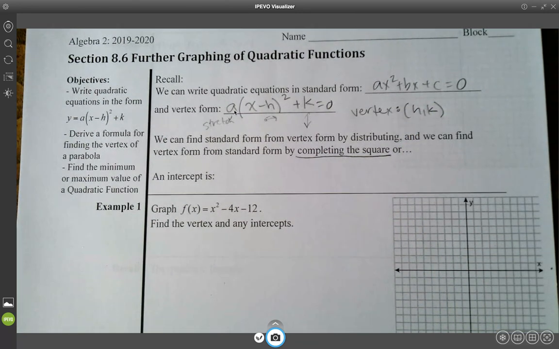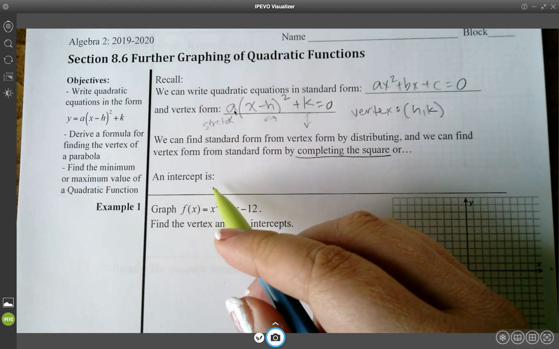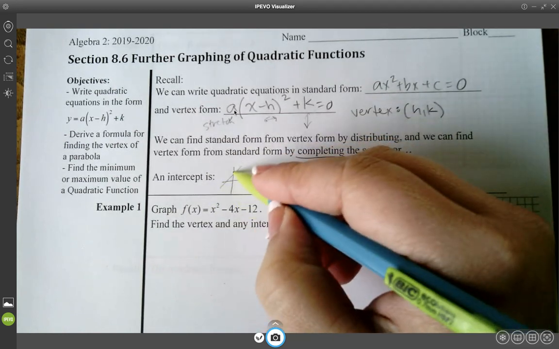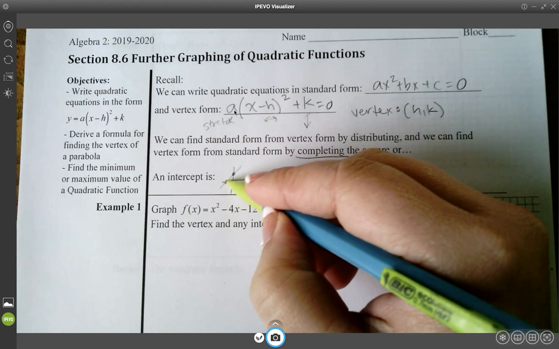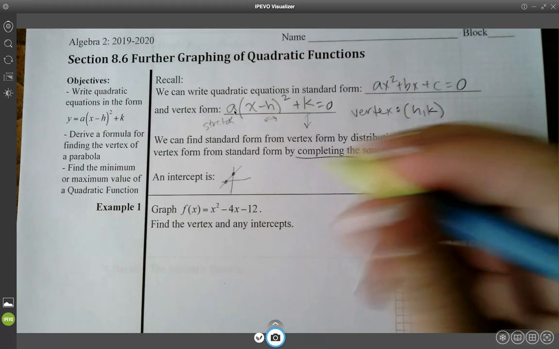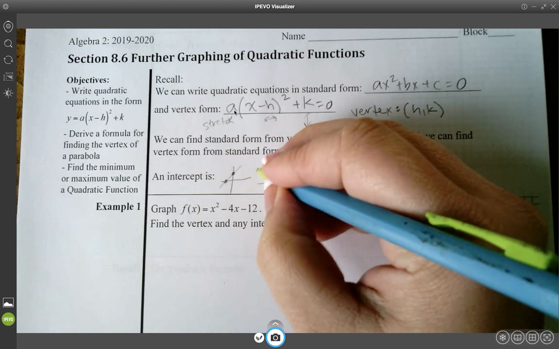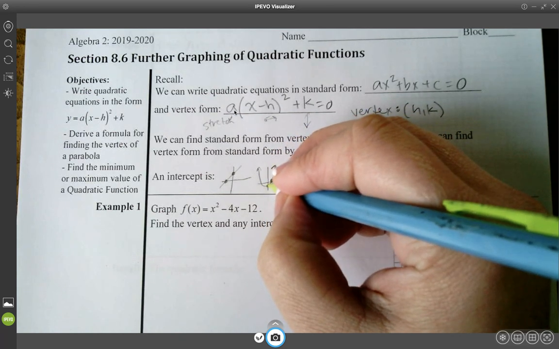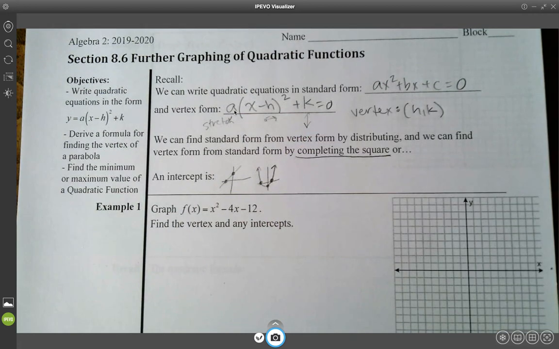Okay. We also want to recall an intercept. So an intercept, when we're graphing, is where something crosses the x or the y axis. So whether it's a line or a parabola, our intercept is every point where the graph crosses these axes.